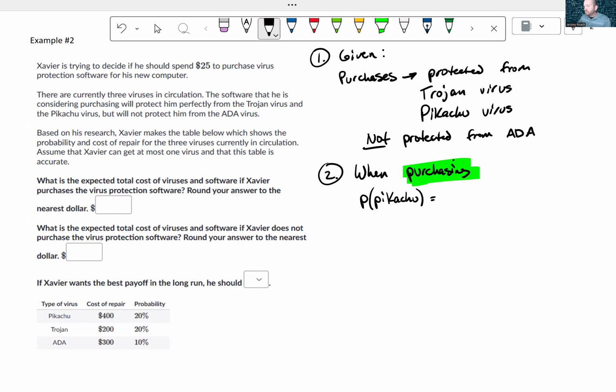So when he's purchasing the virus protection software, the Pikachu virus probability is 0.2. Trojan is 0.2. And the probability of the ADA virus is 0.1.